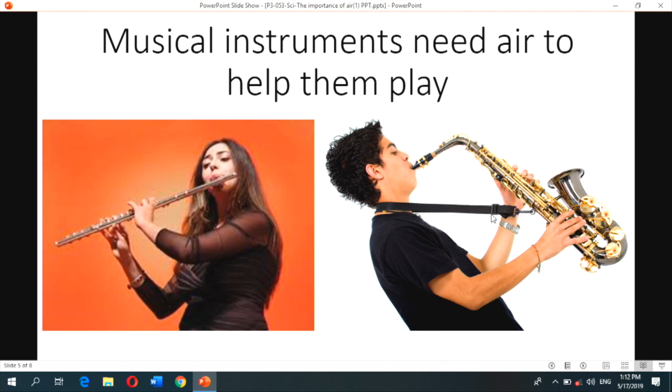Yes, does anybody know what musical instrument this is? Saxophone. And how about this one? Flute. But you see how the people play them? What do they have to do to make the sounds? They have to blow into the musical instrument. And for that, we need air.